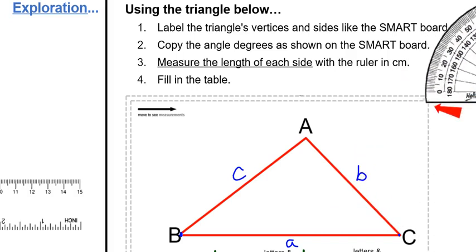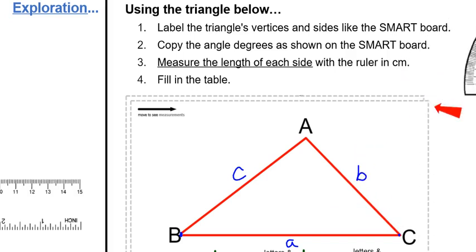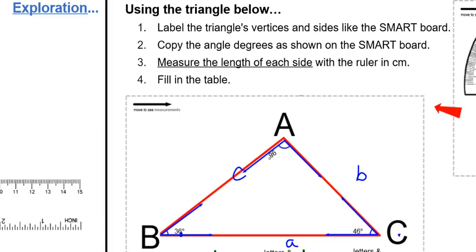Well, I already did all of that, and so I want you to fill in those angle measures right there. So in angle B, notice that we're putting 36. In angle A, we're putting 98. Right here we have our 98 degrees.